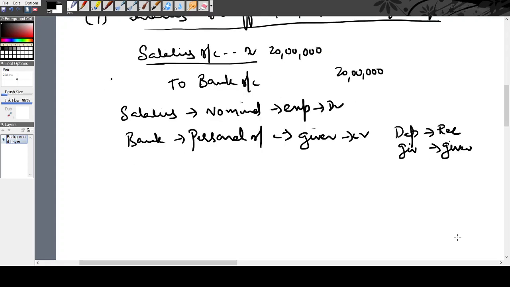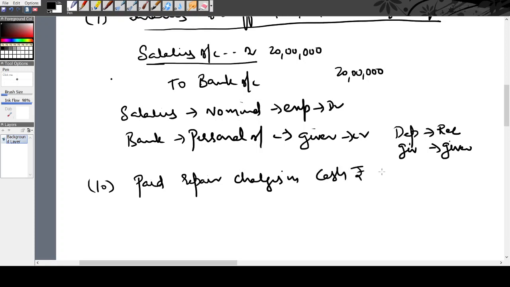Let us do some more transactions. Paid repair charges in cash. We have incurred some repair expenses of the factory equipment. There was a breakdown. We have to call the repair guys and we have to pay them some cash, say 50,000.